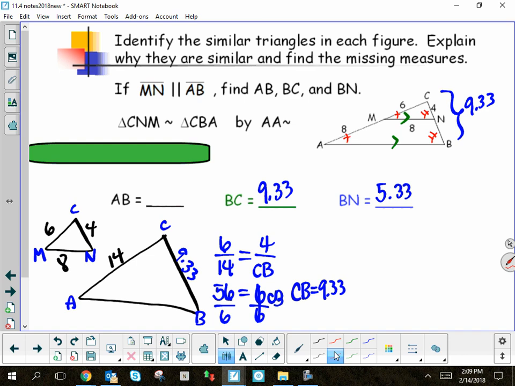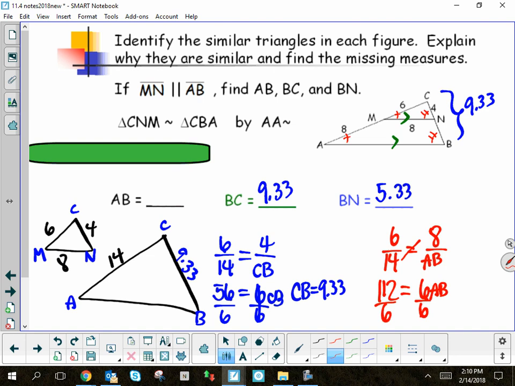Okay, and then to get AB, that's the bottom side. Let's write out another proportion. We can still use 6 is to 14. 6 is to 14 as 8 is to AB, and that's what we need. So cross multiply, 8 times 14 is 112 equals 6 AB, divide by 6, divide by 6.